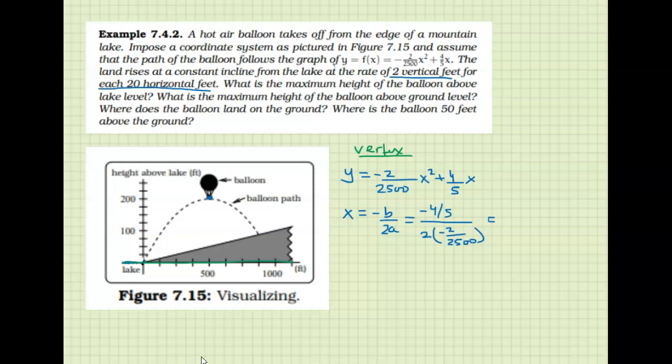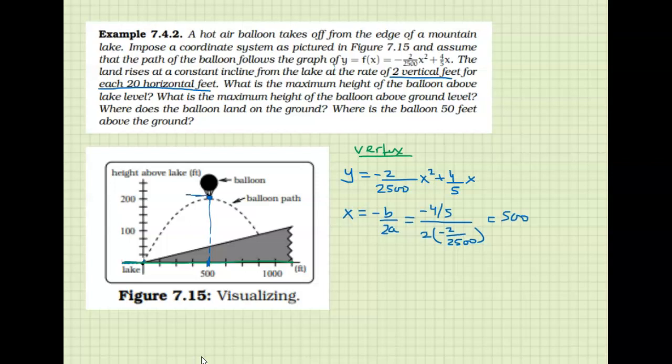Negative 4 over 5 divided by 2 times negative 2 divided by 2500, and I get x is 500. So when x equals 500, that vertex happens.